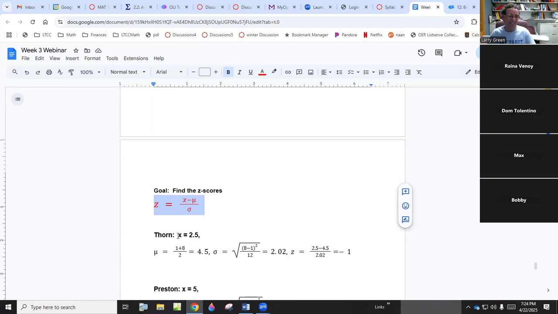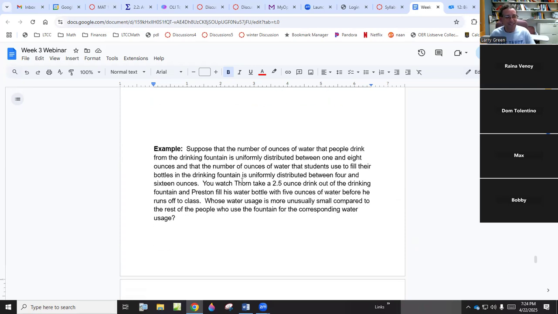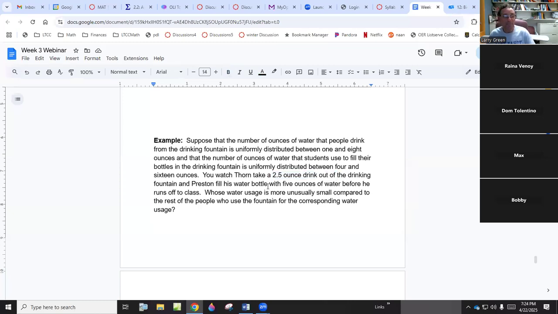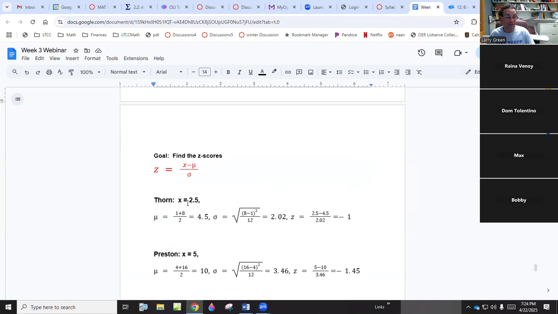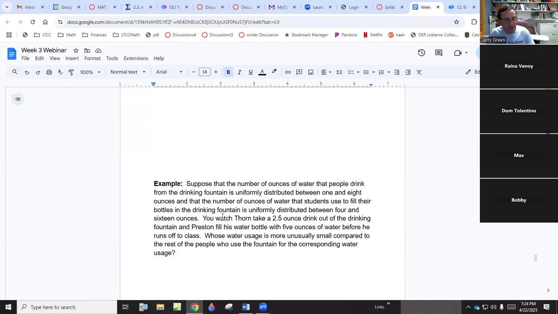So Thorne, we saw, took 2.5 ounces out of the fountain for Thorne's water. So X will be 2.5. Any questions on that? Okay, and Thorne, notice, was just drinking. So he didn't have a water bottle, just using the drinking fountain. And that is uniformly distributed between 1 and 8 ounces.